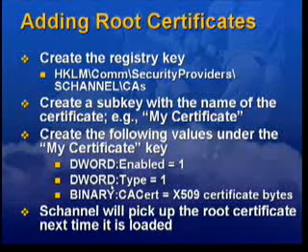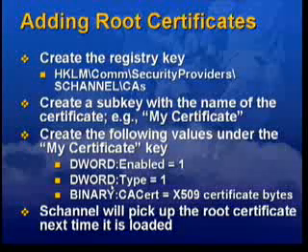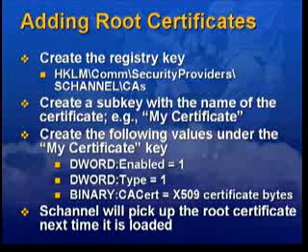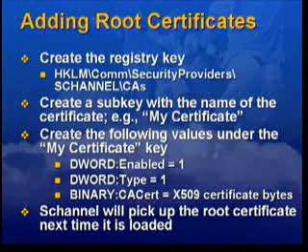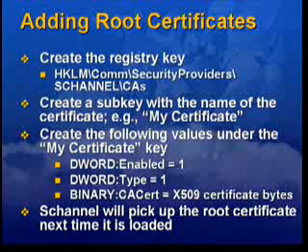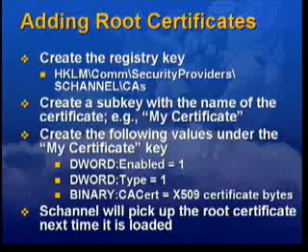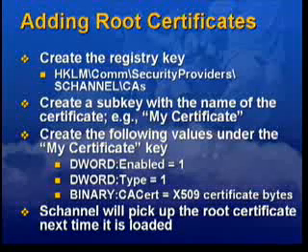If it's one, the values for the certificate will be X.509 certificates. Then you have binary data that contains the actual root certificate for the certificate authority that you want SSL to verify. S-channel will pick up the root certificate the next time it's loaded.